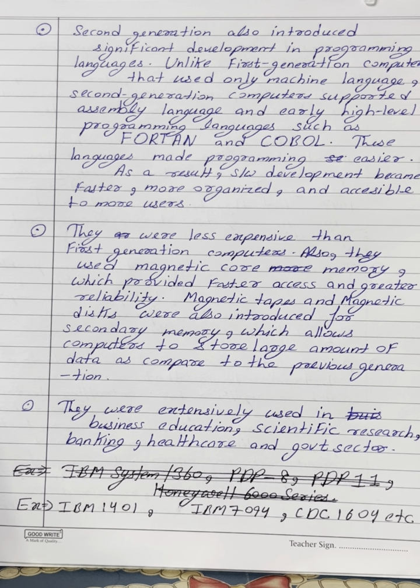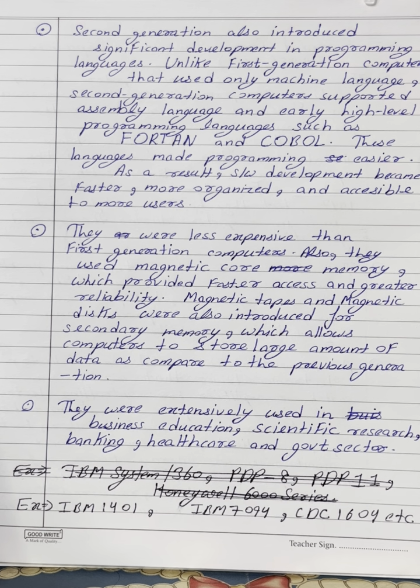Also, these computers generated less heat as compared to their previous generation. The reliability of second generation computers improved significantly because transistors were more durable and less likely to fail as compared to vacuum tubes. So there are fewer hardware failures, which means computers can run for a long time. We also saw the introduction of assembly language.